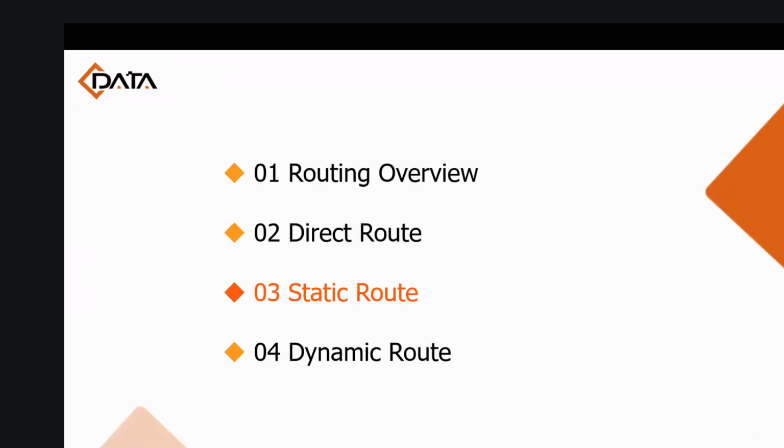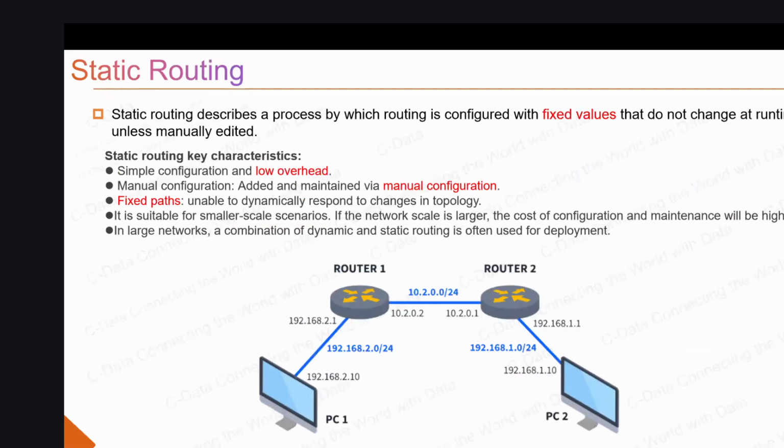Static route, I already introduced this one, right? To remind you, for the static route we have to configure two times: one way to go and another way to come back. So we configure in router one where to go, and in router two we also configure where to go.